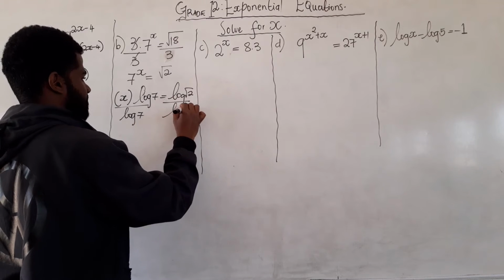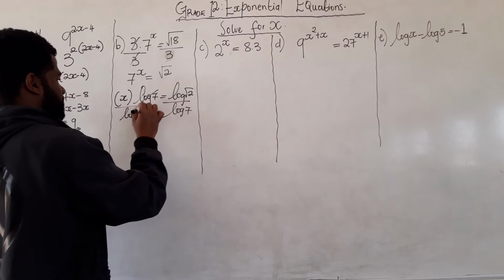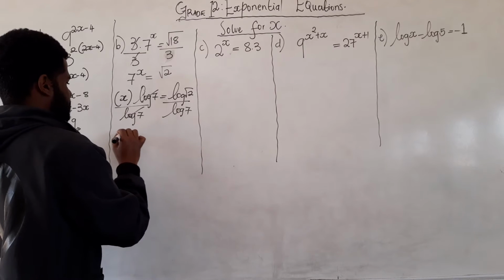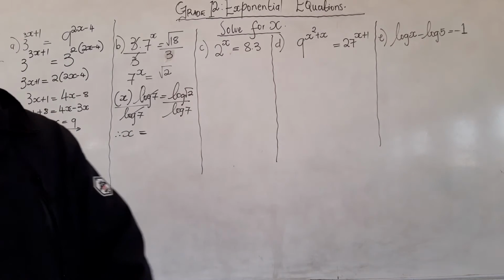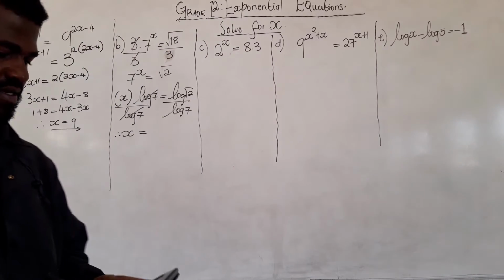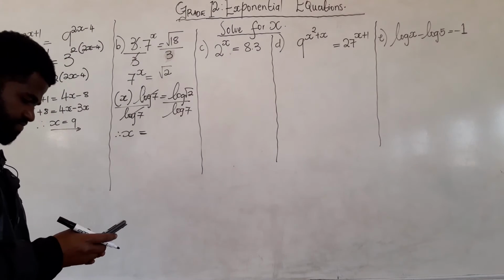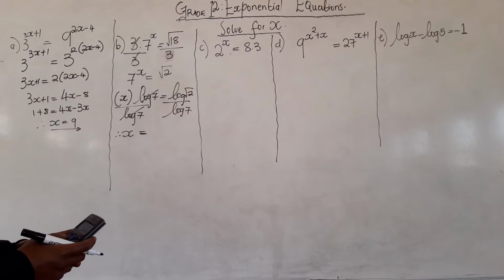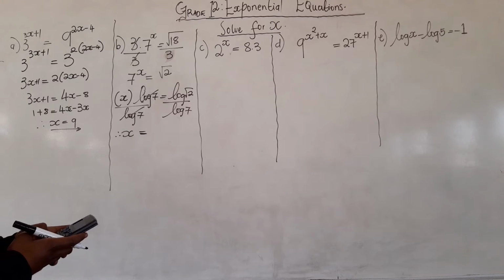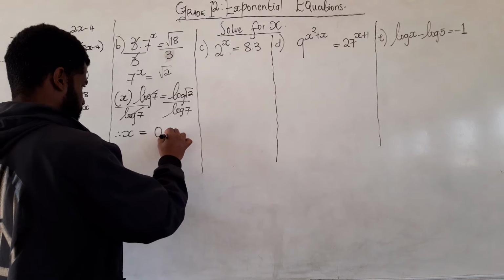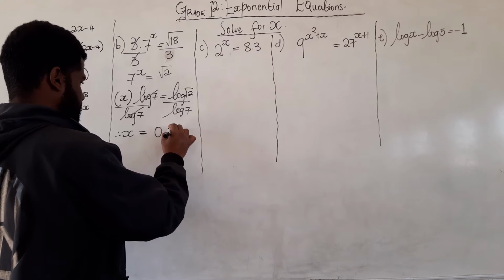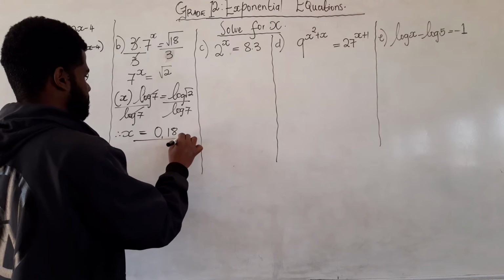We divide both sides by log 7, and this one will cancel out this one. Therefore, our final answer is log of the root of 2 divided by log 7, and then your answer is 0.178. We always round off to 2 decimal places.